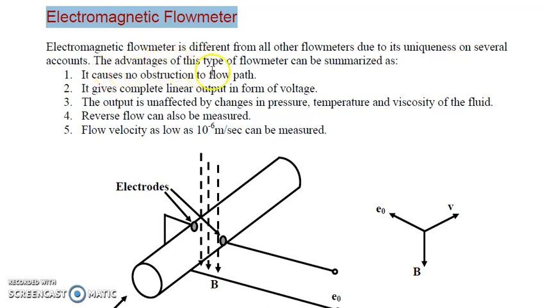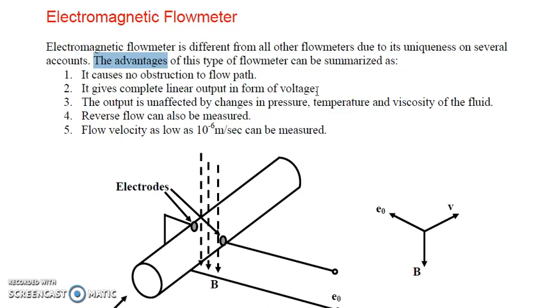The advantage of this flow meter against all other types of flow meter is it causes no obstruction or no restriction in the flow path. It gives complete linear output in the form of voltage. As we know that linearity is the first and foremost requirement of any measuring instrument.